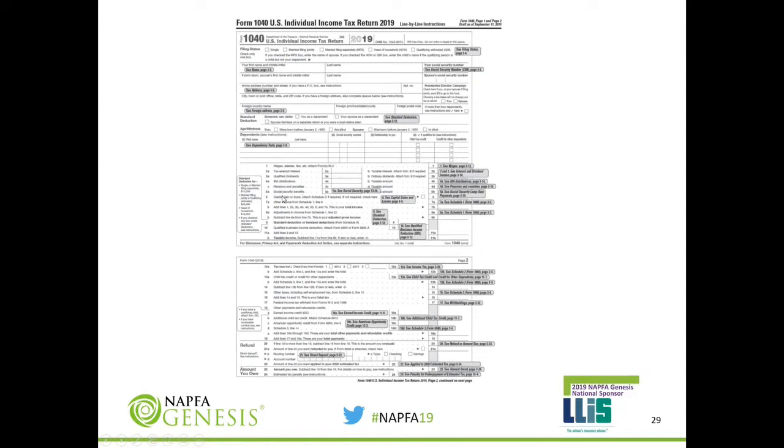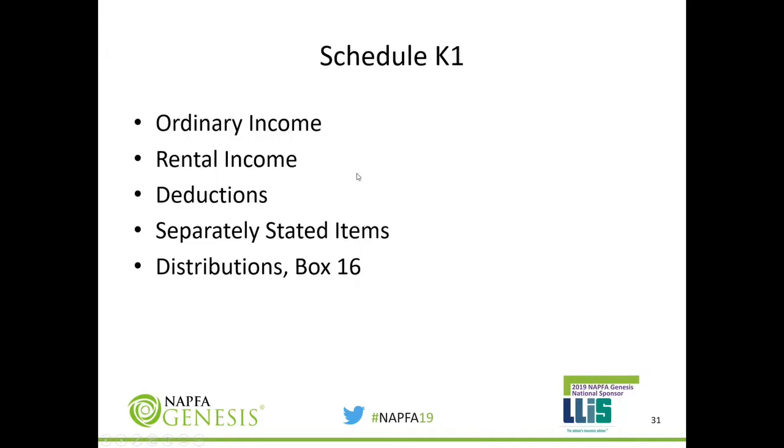Line 1 coming in there for the wages. And of course here, line 10, the qualified business income deduction. Those are all clues of where some of the more prominent business income items show up on the 1040. So you definitely want to make sure you know where to get those from and how to interpret those numbers.